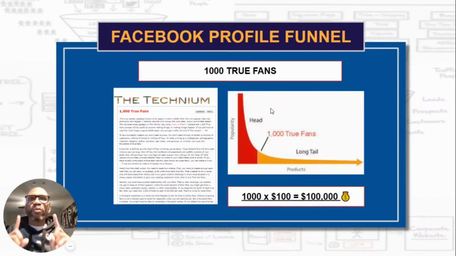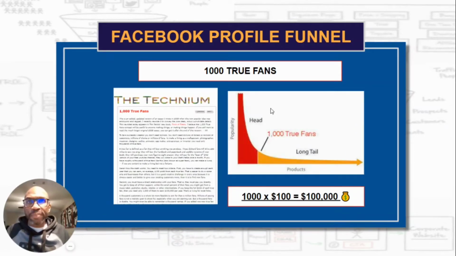And one more really quick side note about making money with the Facebook profile funnel. Many people think that you need to be a celebrity and have a million gazillion followers. I had that same belief until I read an article by a tech magazine editor at the time named Kevin Kelly. The article is titled 1,000 True Fans, and you can still find it online with a Google search.